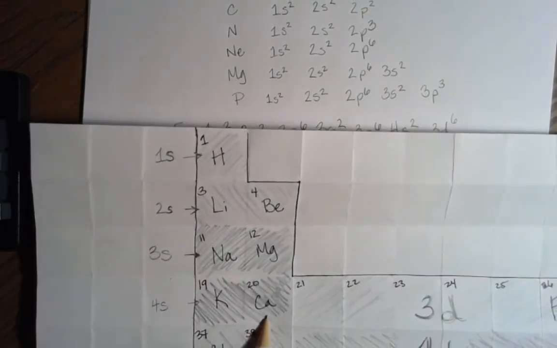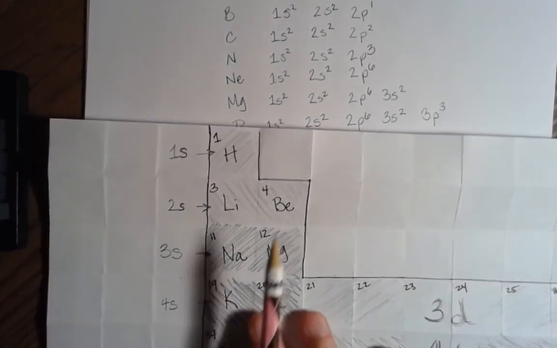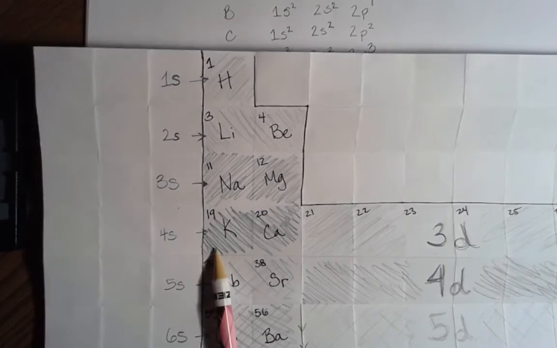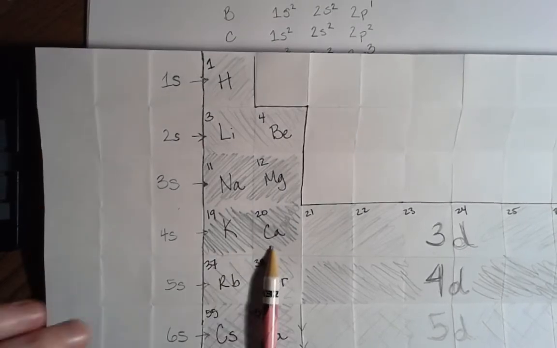When I run out of a line, I just go over to the next line. So I ran out of the 3p's, so now I'm here at the 4s's. 4s2.